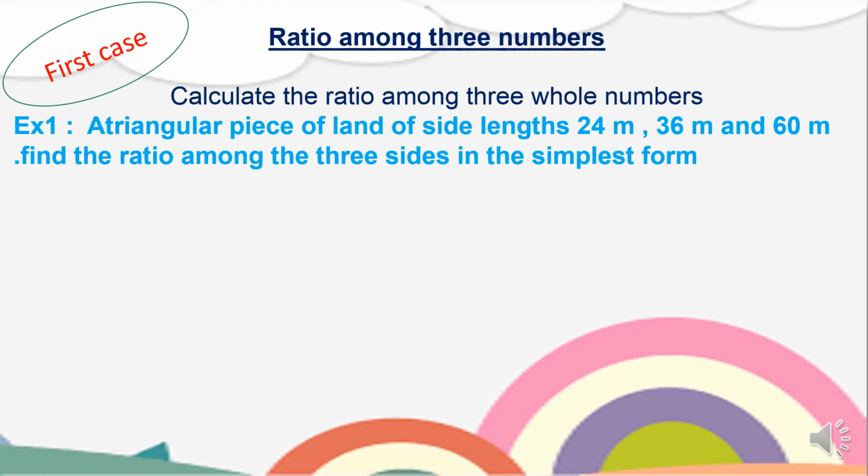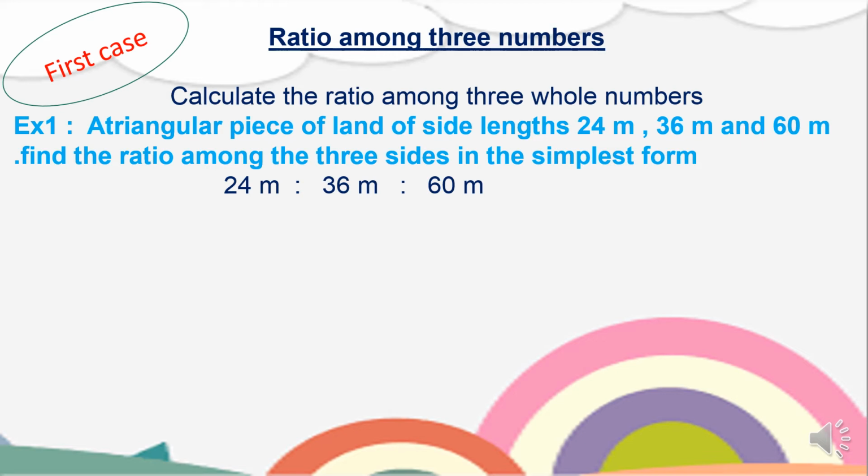I have a triangular piece of land and I have the lengths of the 3 sides, and I need to get the ratio among these 3 sides in the simplest form. So I put 24 meters and 36 meters and 60 meters.